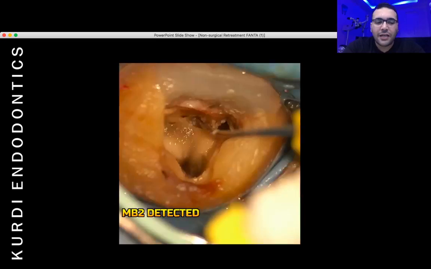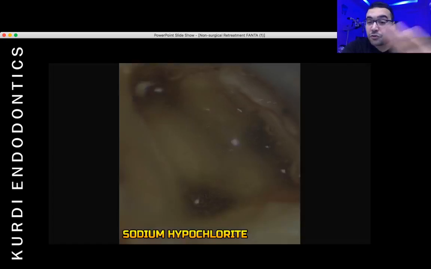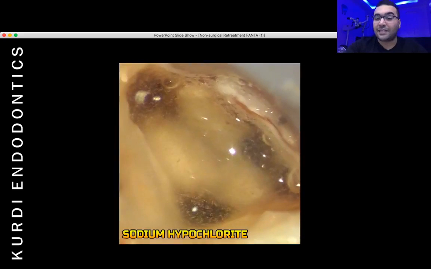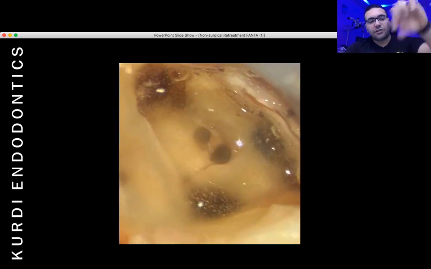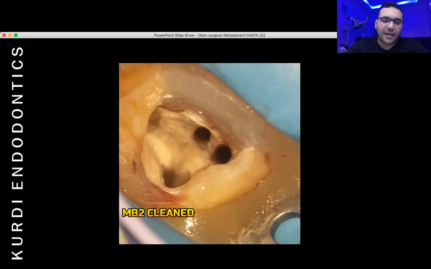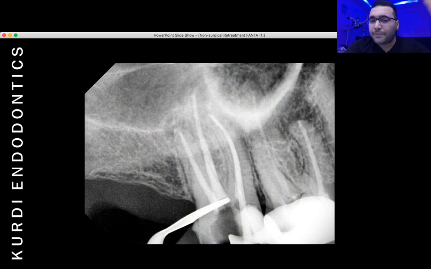Anyhow, I just entered and removed them a little with pliers. I didn't use ultrasonic in this case because it may cause a secondary fracture. With the pliers, I removed the files, detected the MB2 canal, and then shaped and obturated.